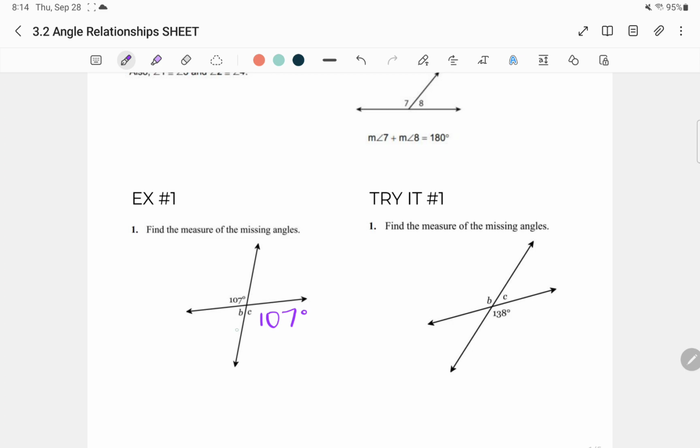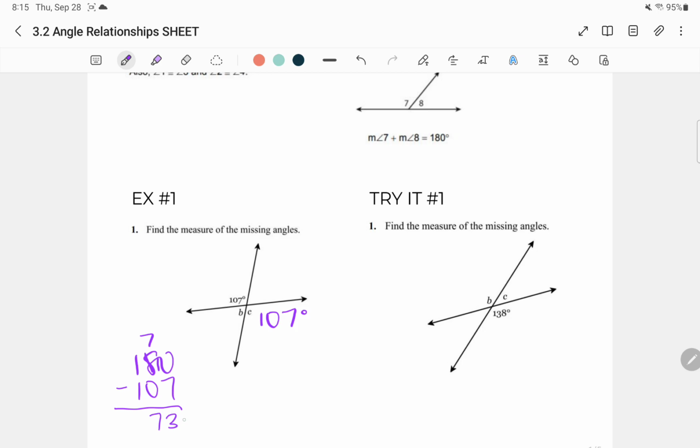And then B is a linear pair with the 107 right here and also the one with C. So we're going to take 180 minus 107. We're actually throwing in some supplementary in here. We could use a calculator or we can do the old school way. 10 minus 7 is 3. 7 minus 0 is 7.